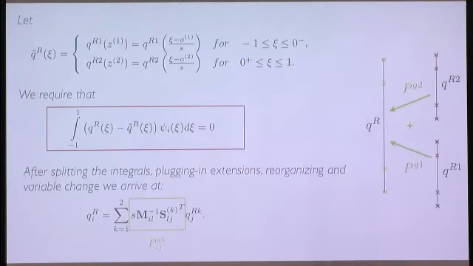In a similar way, we design the backward operation, so the gather operation. This time we design this QR tilde, which represents QR1 and QR2, but in this psi coordinate. And we again require that our integral now is equal to 0.